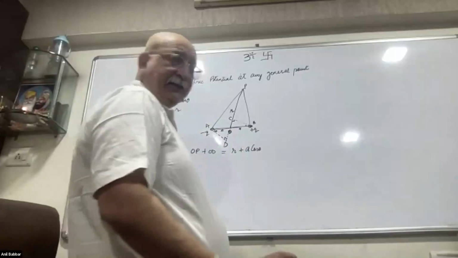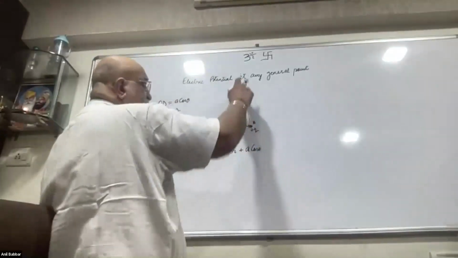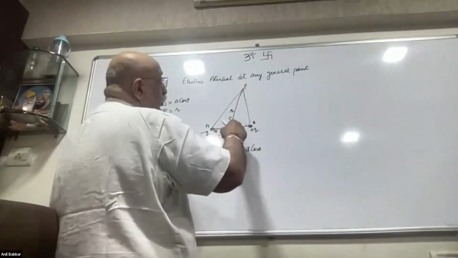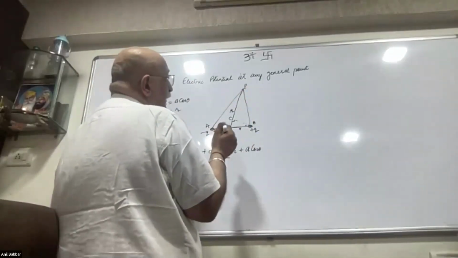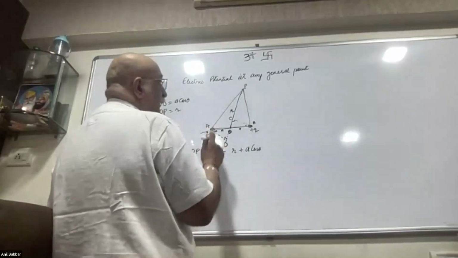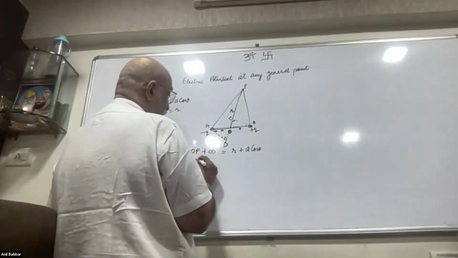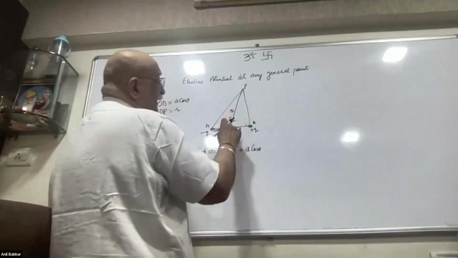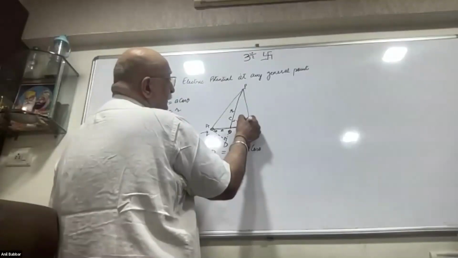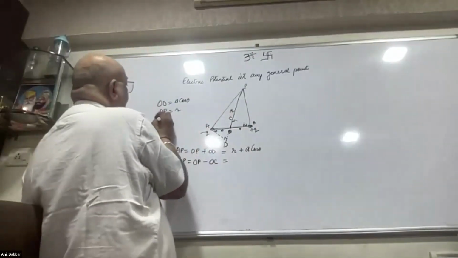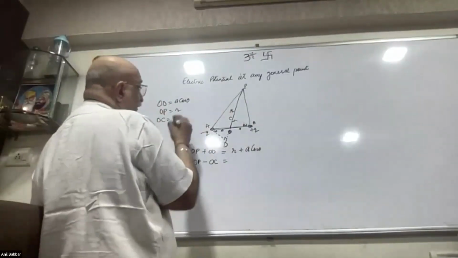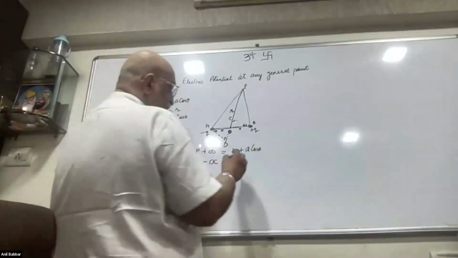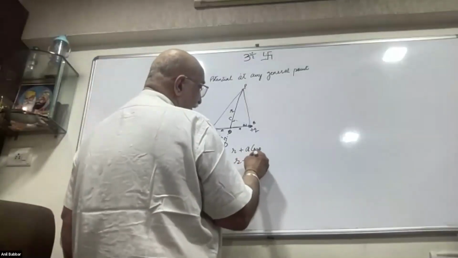Right? And similarly, this BP is equal to OP minus this OC. Now, in this triangle, OC will be equal to, this is theta, so using trigonometry, we have OC be A cos theta. This is R minus A cos theta.